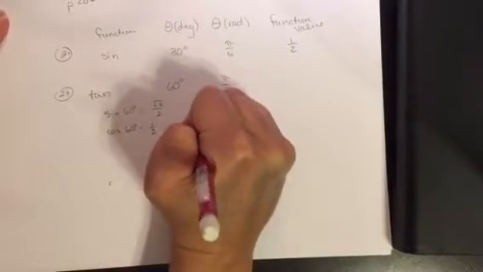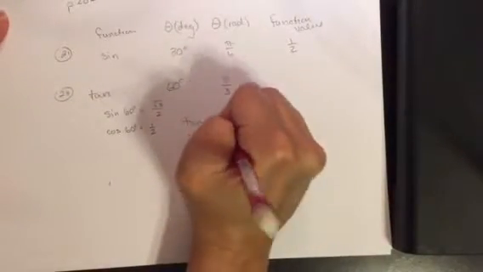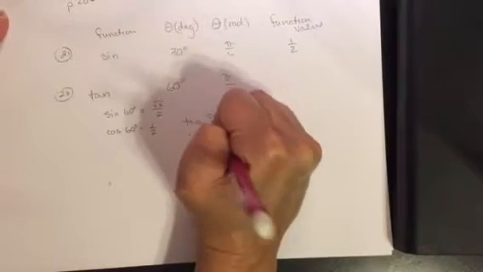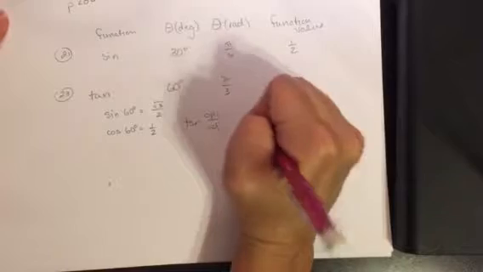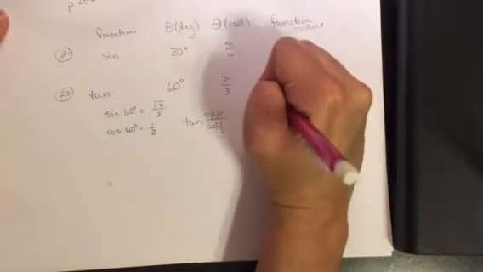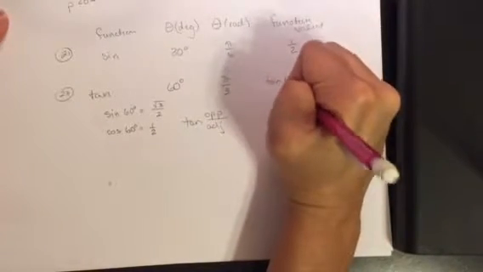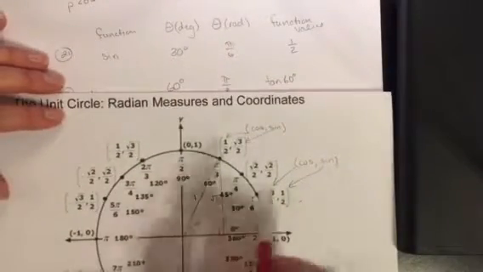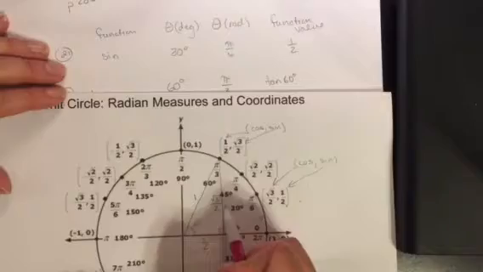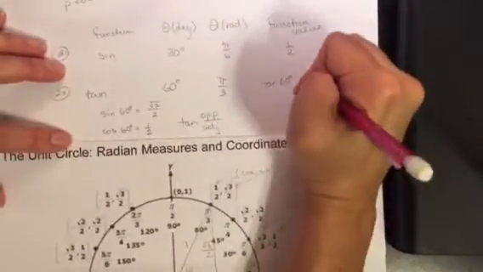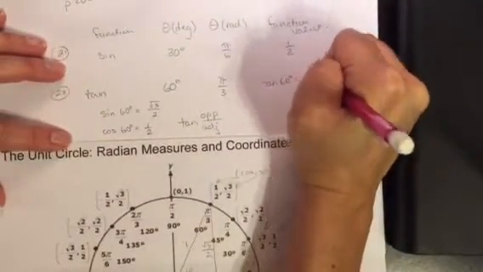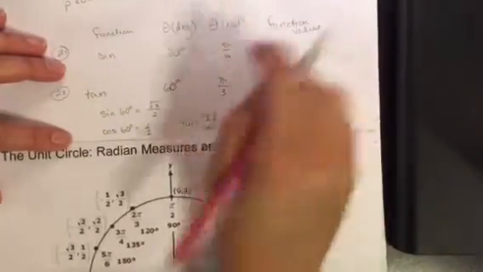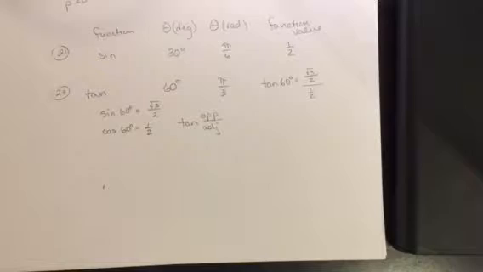Tangent by definition is opposite over adjacent. So tangent of 60 degrees, I'll write it over here, is going to be opposite, so that's root of 3 over 2, over adjacent, which is then 1/2.